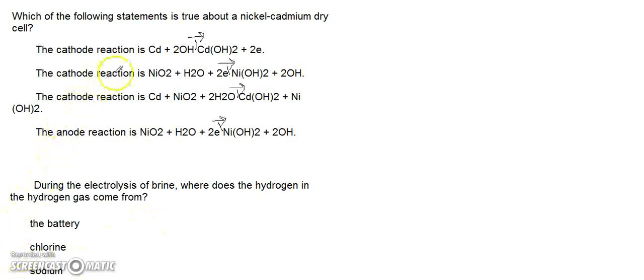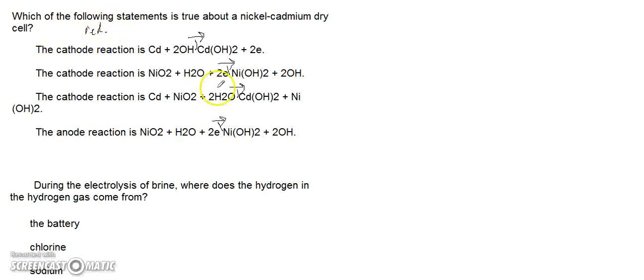Okay, I paused it for just a second so I could draw in the reaction arrows here, because they didn't copy. So we're just going to go through these answer choices and see which one is true based on our knowledge of cathodes, anodes, oxidation, reduction. The first one, the cathode reaction is this, so this should be a reduction.